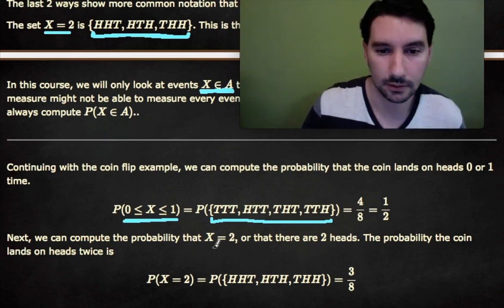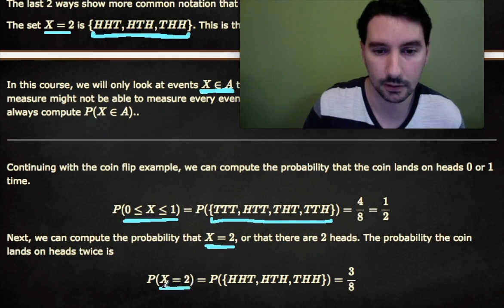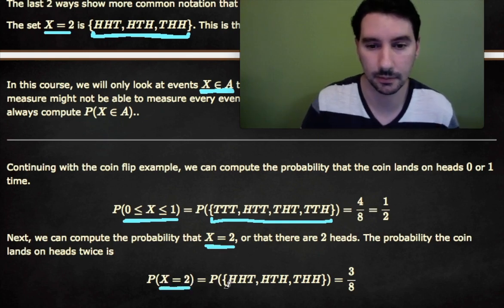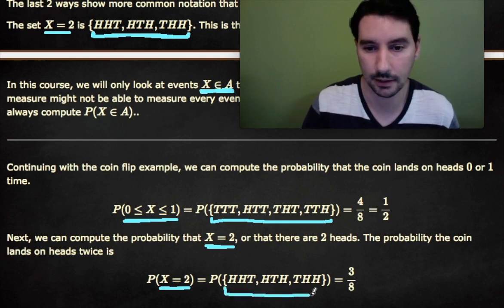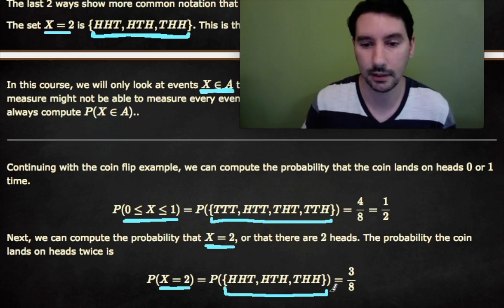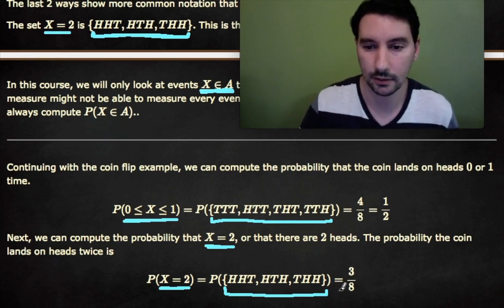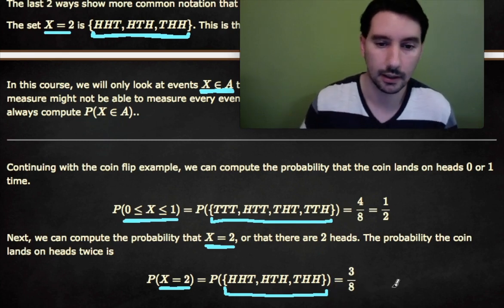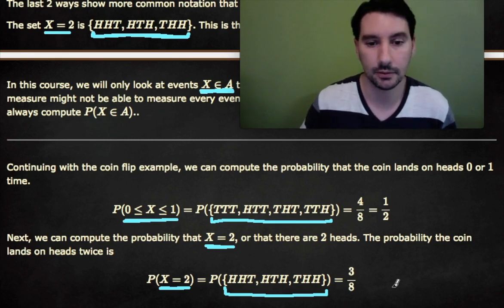We could also compute the probability that X equals 2. So the probability X equals 2, going back to the state space, is the probability of the event heads, heads, tails; heads, tails, heads; or tails, heads, heads, where we have exactly 2 heads, and that's 3 points. So the probability is 3/8, and therefore the probability that X equals 2 is 3/8.